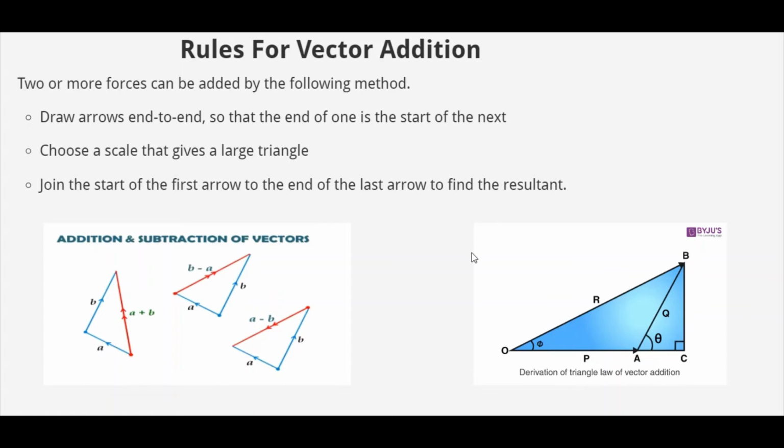A is facing the left-hand side, B is facing the upper side, but the direction of the resultant is facing up. That shows that B is greater than A. That's why we have B minus A. All right.